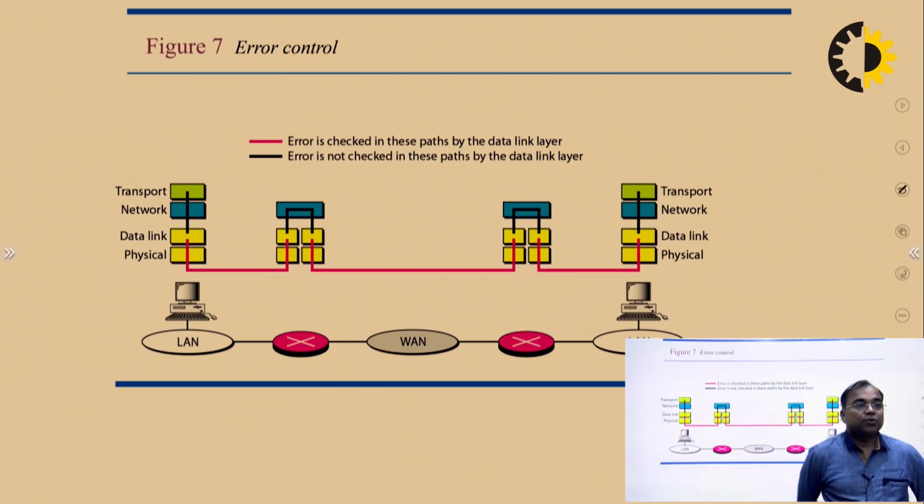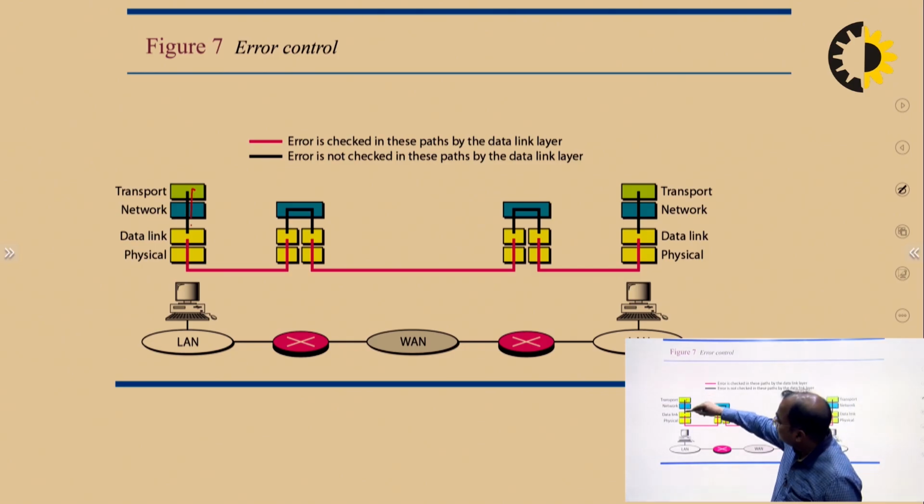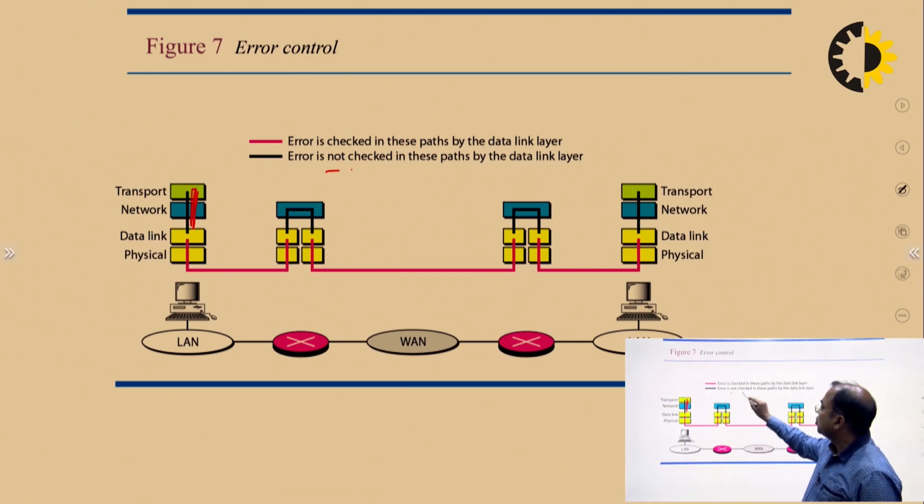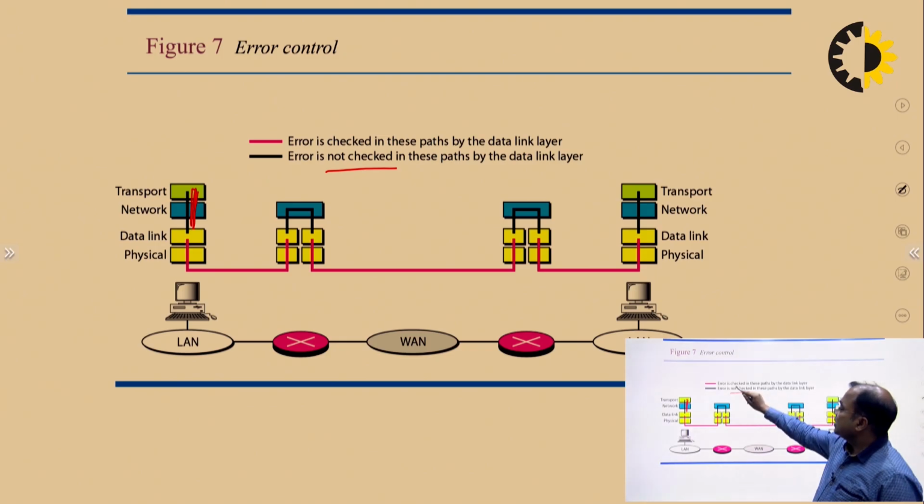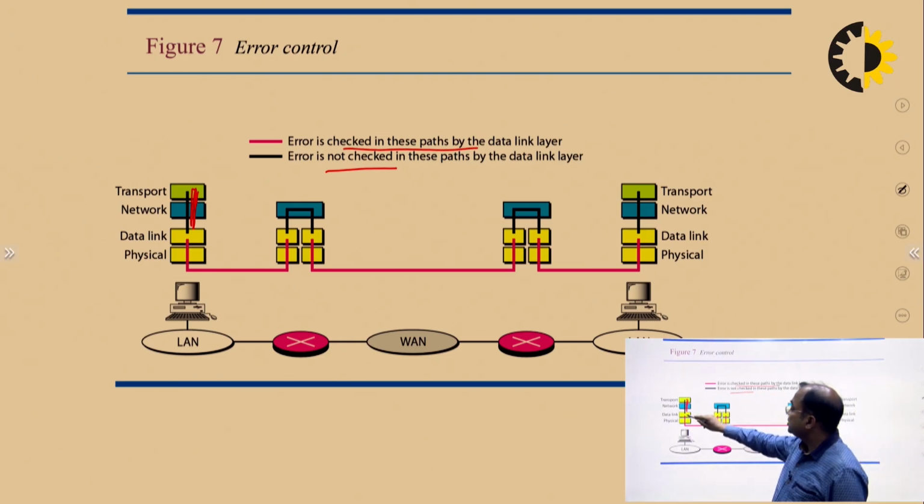Now, error control. If we talk about error control, we have a transport layer and then a network layer. The error is not checked in this path by the data link layer, so the data link layer is not checking over transport to network. This is the range where the error is not checked, but the error is checked on the path from one data link layer to another data link layer.